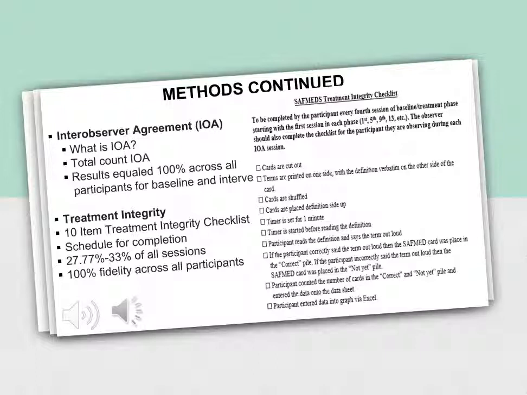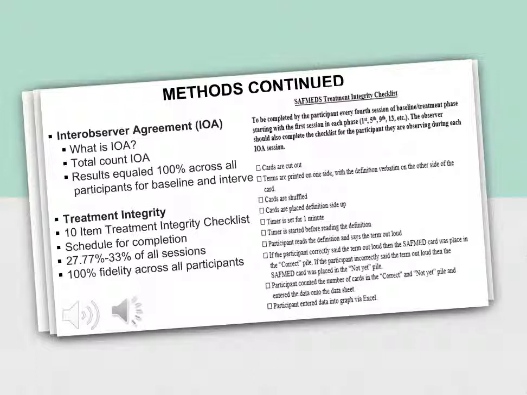Regarding treatment integrity, all the participants in the replication study employed self-monitoring in regard to treatment fidelity. In this instance, treatment fidelity focused on the intervention implementation or procedures for SAFMEDs.